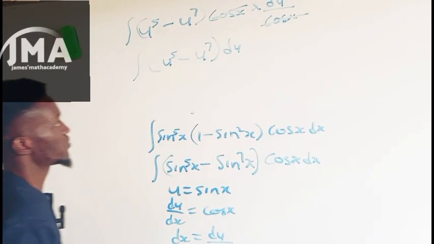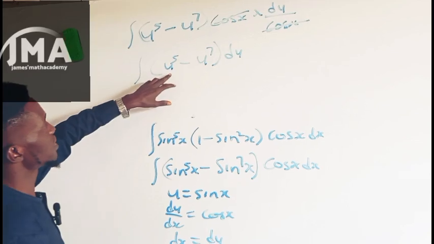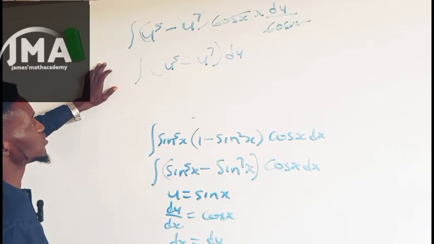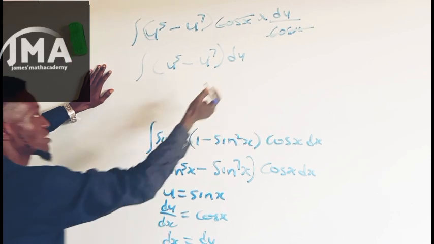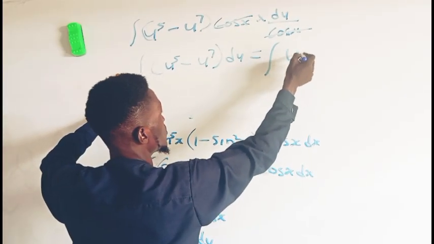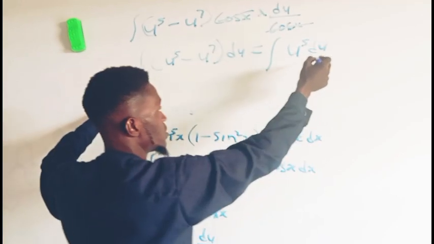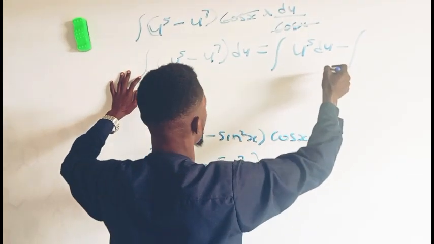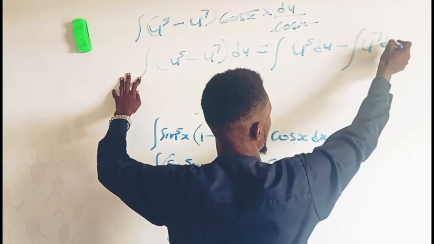Okay, so this can also be written as the integral of u raised to the power 5 du minus the integral of u raised to the power 7 du.